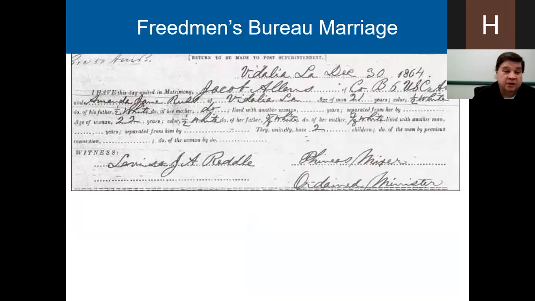Another source of marriage records is the Freedmen's Bureau. After the Civil War, when the Freedmen's Bureau was set up, one of the things they did was solemnize slave marriages. Enslaved couples were often married by the slave owner in some sort of ceremony on the property, but it wasn't a legal marriage because enslaved people were not allowed to be legally married.